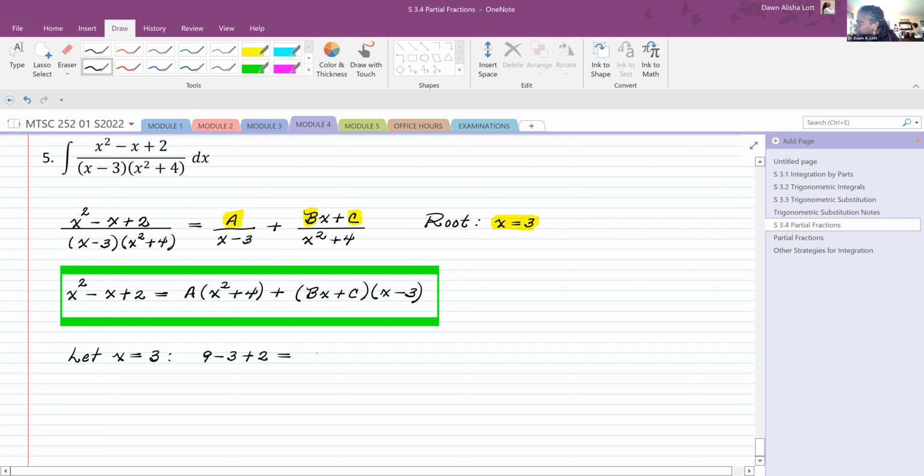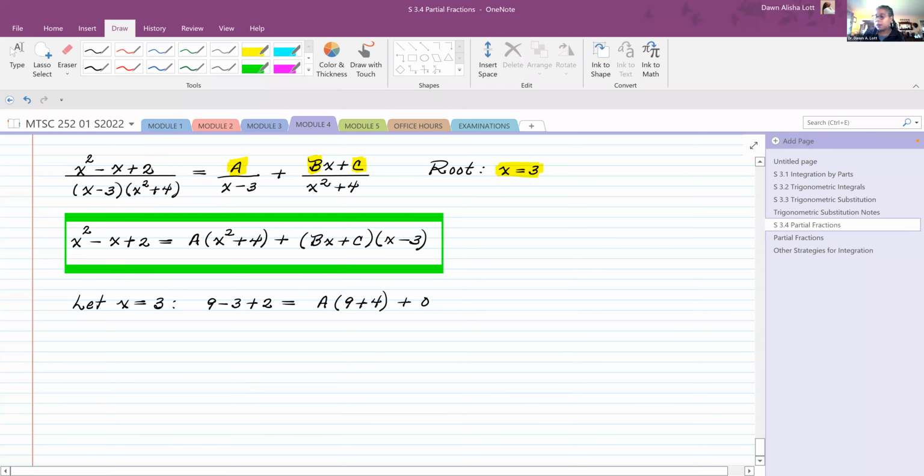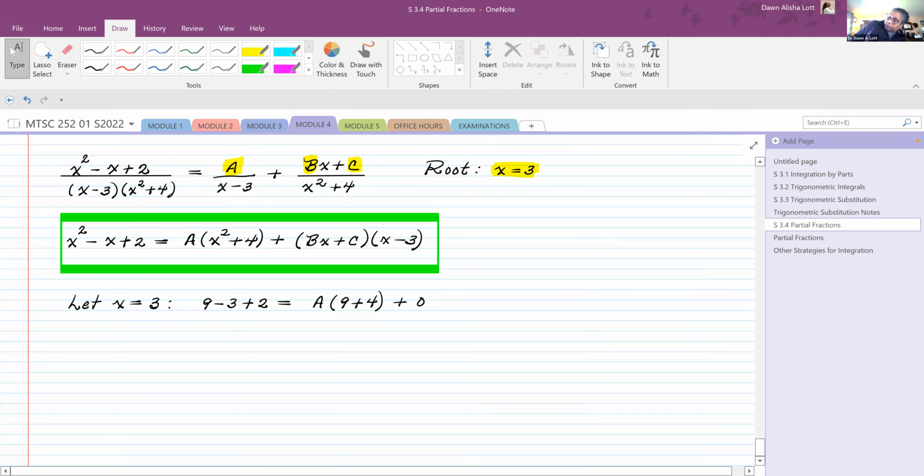And on this side, I'm going to get A times 3 squared, which is 9, plus 4. And then when I put in x equals 3, that gives me nothing, so that's gone. Okay, so 6 plus 2 is 8. And then this is 13A. So A is 8 over 13.